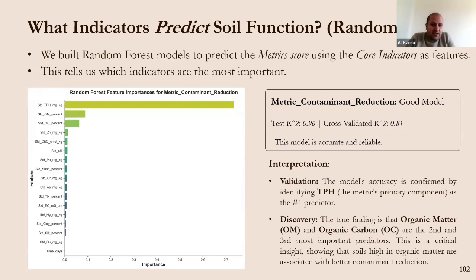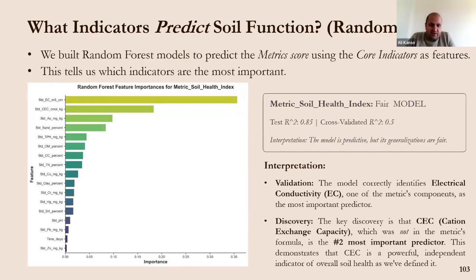So we have a strong model. TPH is mainly due to the decrease of its concentration after remediation, and organic matter and organic carbon are due to their involvement in increasing microbial activity, so degradation directly, and also in pollutant stabilization. Next slide, please.